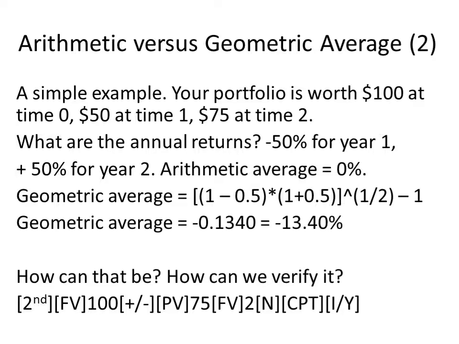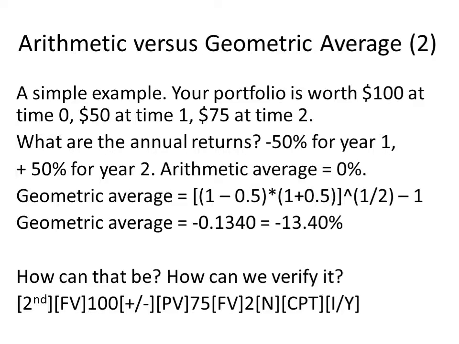So 50 minus 100 divided by 100 is minus 50% for year 1. Now, at year 2, we go from 50 up to 75. So the return for that year is 75 minus 50 divided by 50. That's a positive 50% return.